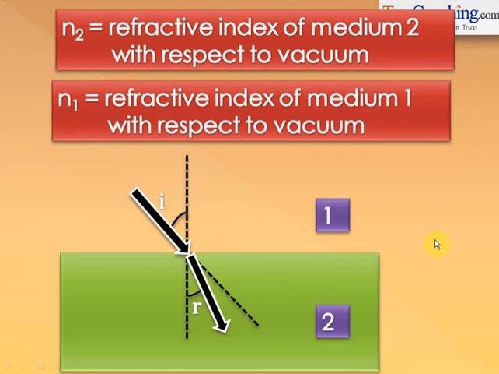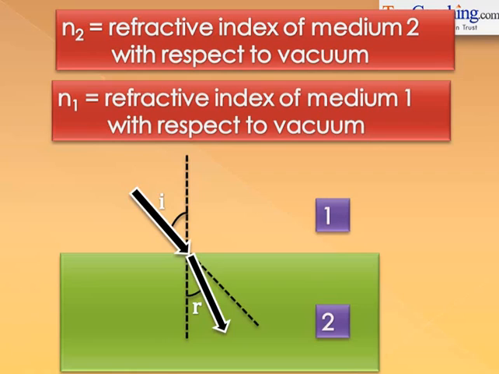So if light were entering from medium 1 towards vacuum, then sin I by sin R would be N1. Similarly, if light were entering from medium 2 or glass to vacuum, then N2 would be sin I by sin R. Understood? So if only N1 or N2 expressions like that are given, then the refractive index of the medium is being measured with respect to vacuum.